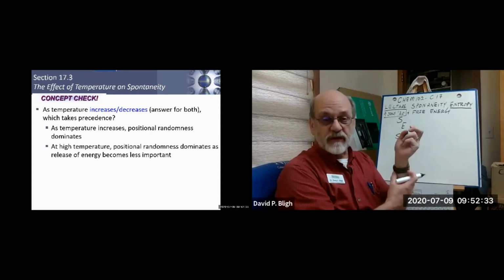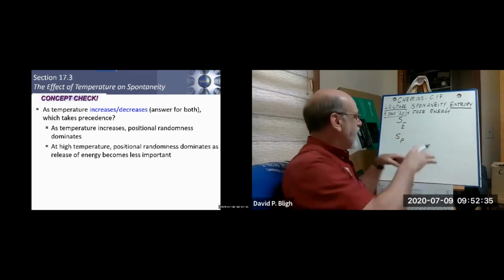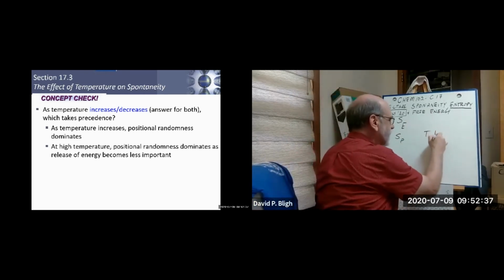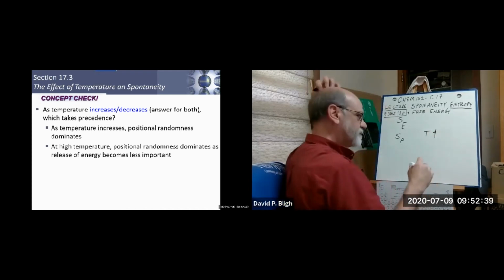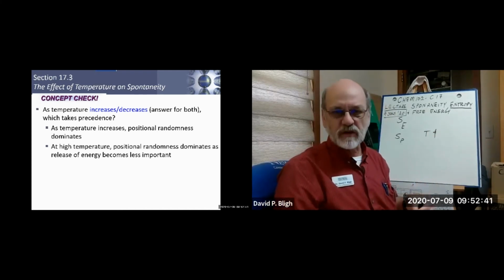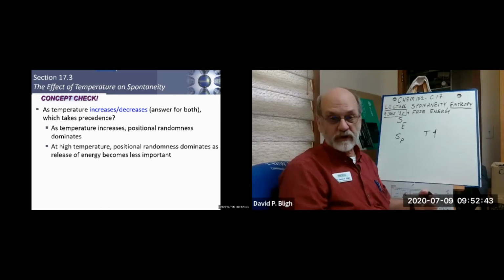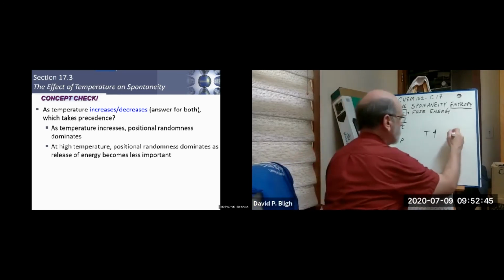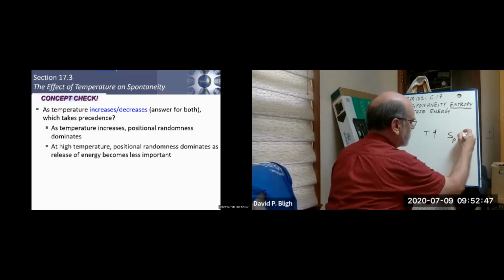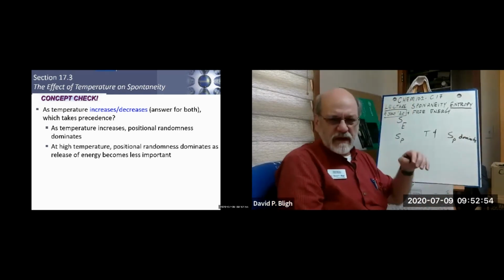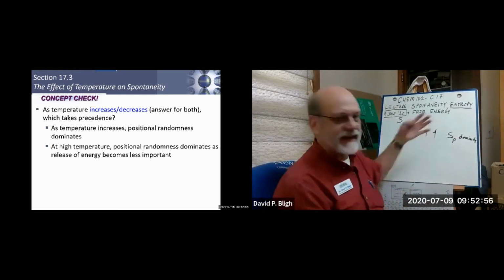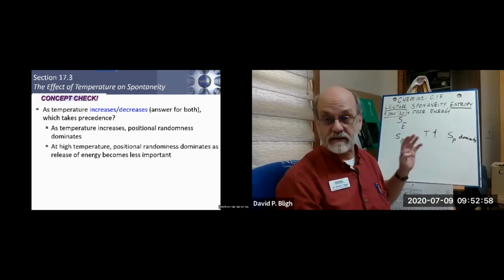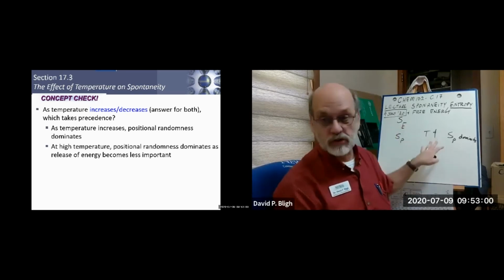Well, it depends on the temperature. As the temperature increases, the positional randomness becomes more important. So this one dominates. And then we look at the positional randomness at different temperatures to justify that conclusion.